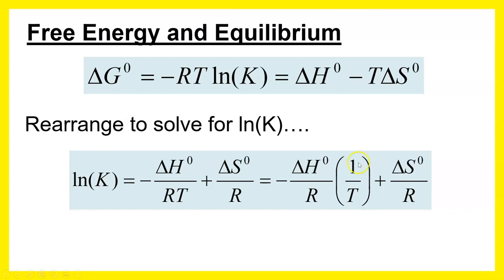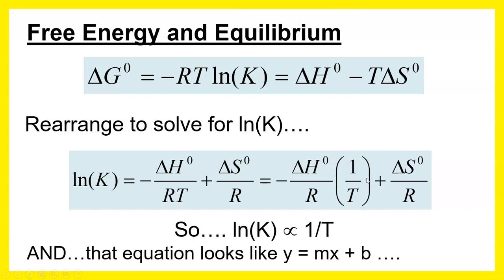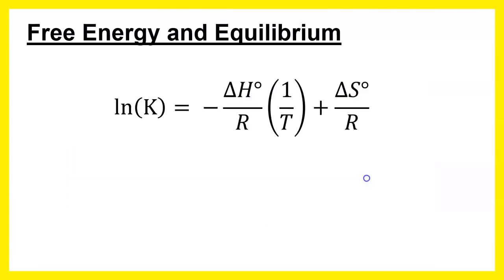And I'm going to start to notice, wait a second, that looks like a format my math teacher taught me once upon a time. All this crazy junk looks like y equals mx plus b. And we can graph y equals mx plus b equations very easily.